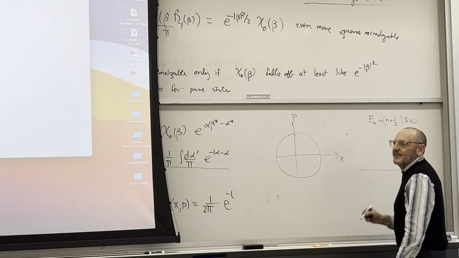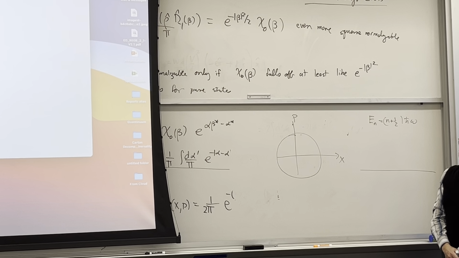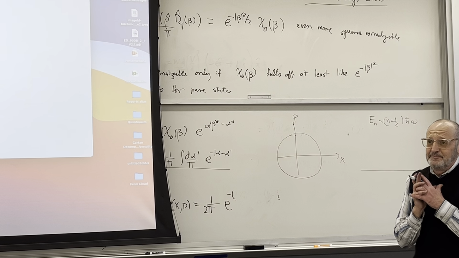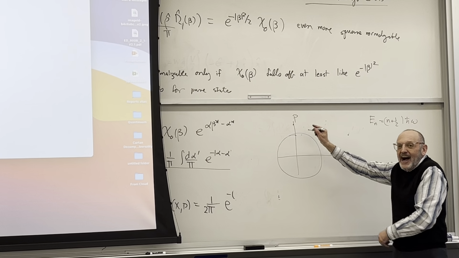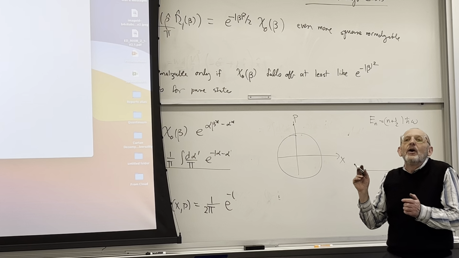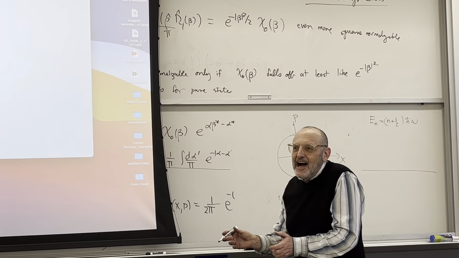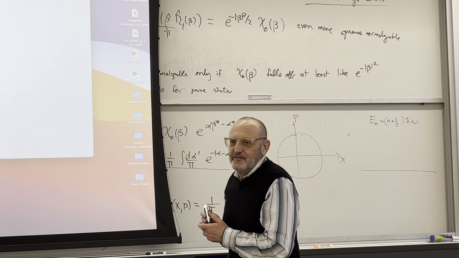So we expect that the quantum state of the system is somehow, in quasi-probability land, concentrated around here. When we write it in phase space, we're not writing the energy eigenstates, we're writing some phase space representation of it.